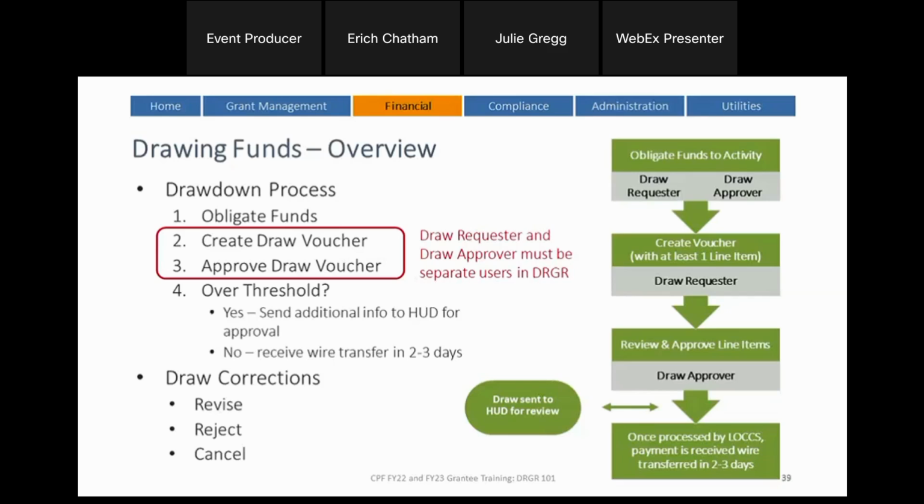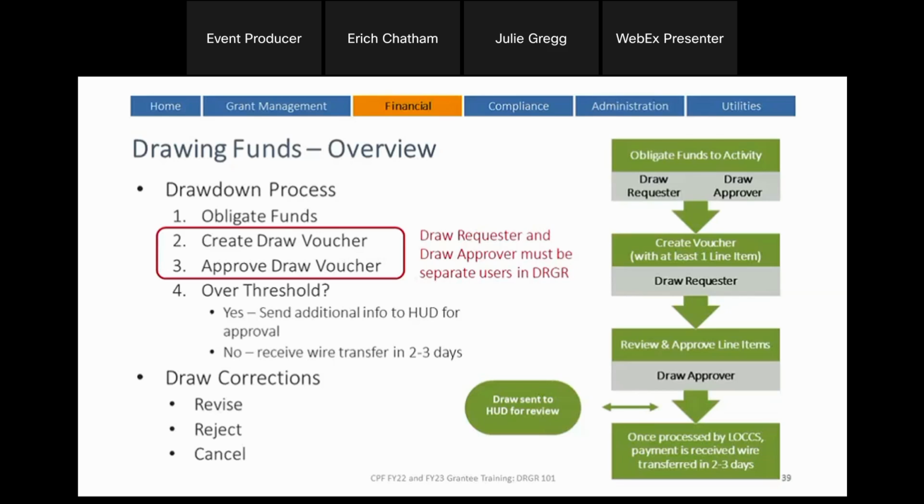So you might want to check that grant agreement for those thresholds. Certainly those of you that have big acquisitions, you may need to coordinate with HUD. If your voucher or your daily limit needs to exceed your limit, you want to coordinate with your rep to make sure that occurs.